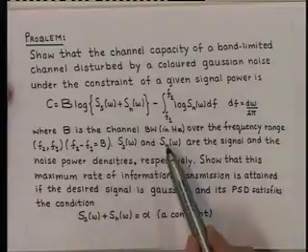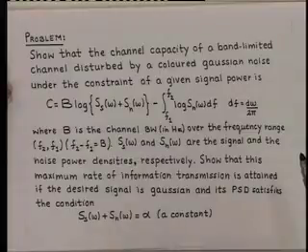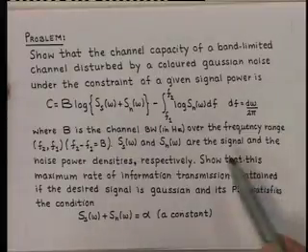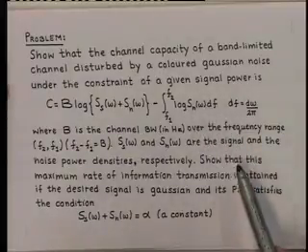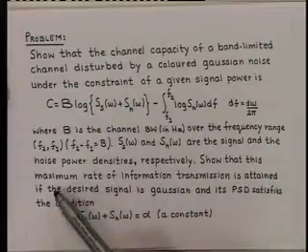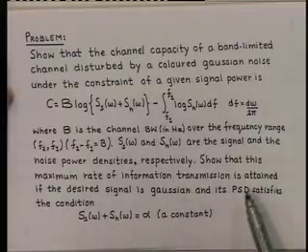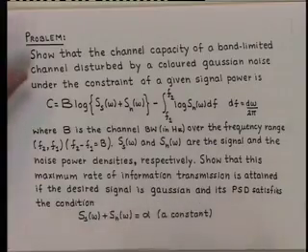Ss and Sn are the signal and the noise power densities respectively, and we have to show that this maximum rate of information transmission is attained if the desired signal is Gaussian and its power spectral density satisfies the following condition.